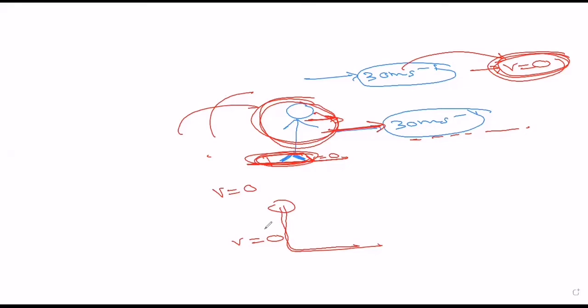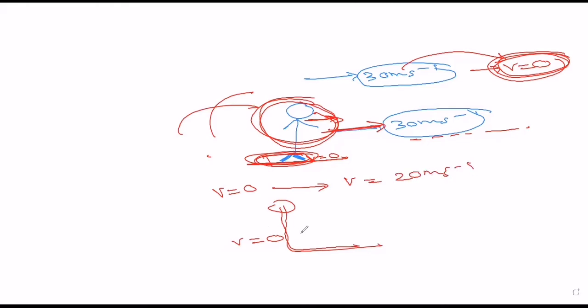Now think suddenly, without this passenger's knowledge, this bus is going to move. Think the passenger is sleeping. So suddenly the bus starts to move. So the velocity, what will happen? Let's take the velocity is now 20 meter per second.